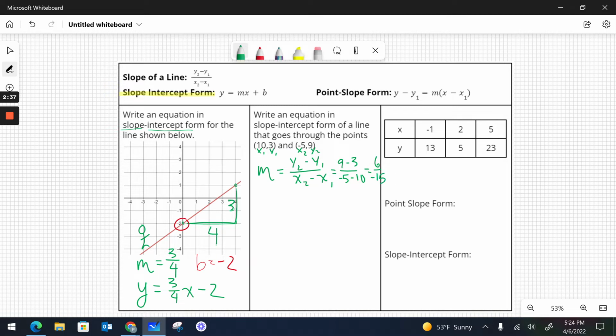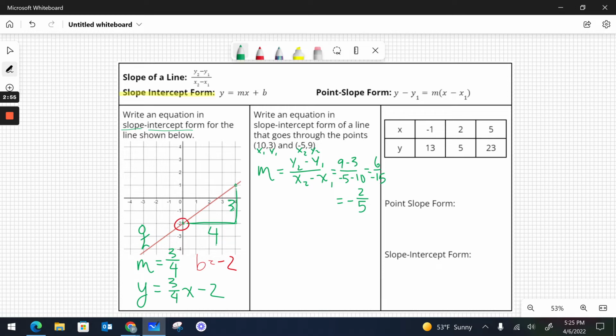And 6 over -15, if we check if that can be simplified, both those numbers can be divided by 3. So -2 over 5 is my slope.